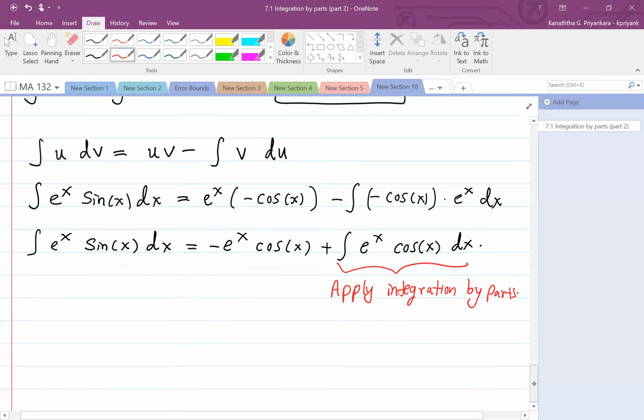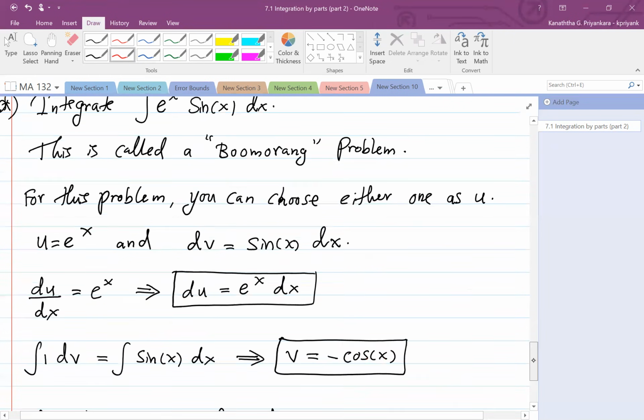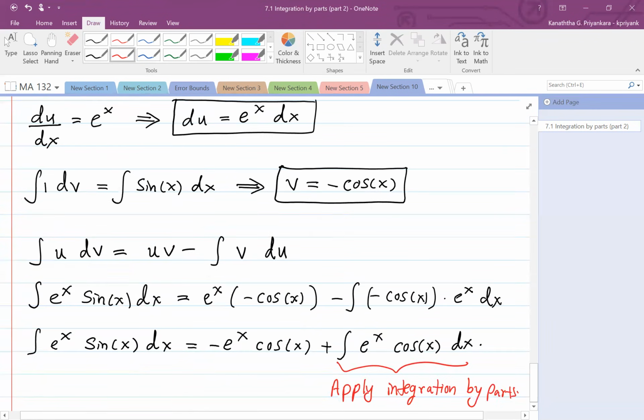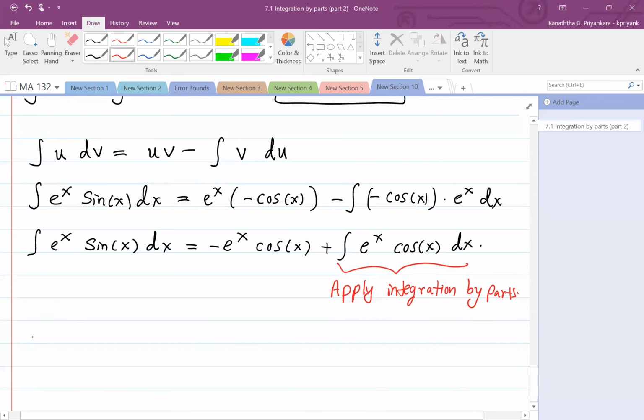In this problem also we have to go with the same, otherwise you will go back to the same integral without doing anything. So let u equal e to the power x, and dv is cosine x dx.